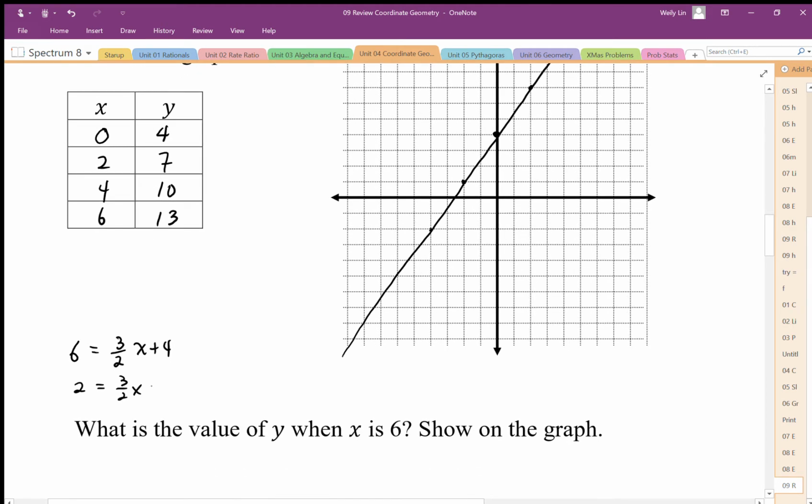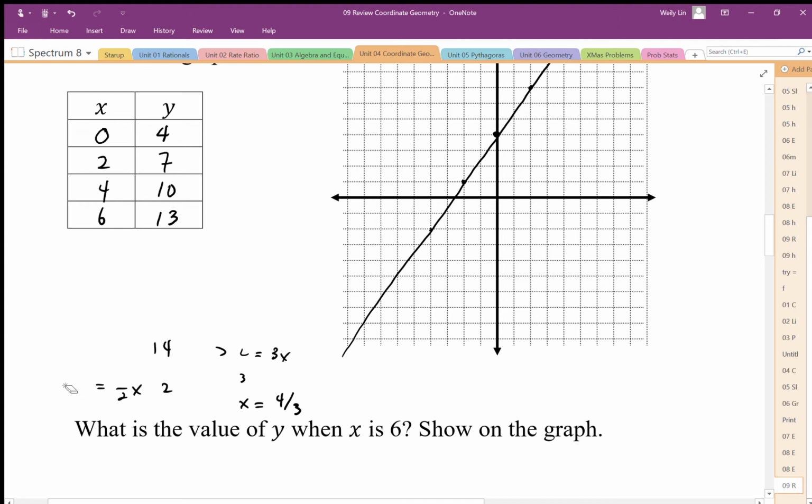I'm going to times by 2. So I end up with 4 equals 3x. Divide by 3. I end up with an x coordinate of 4 over 3. So x is 4 over 3 when y is 6.